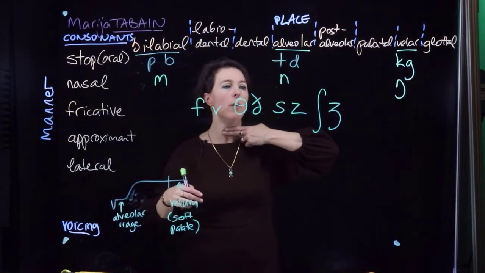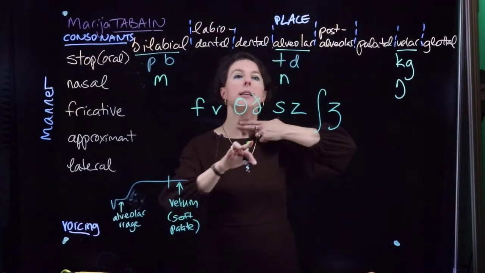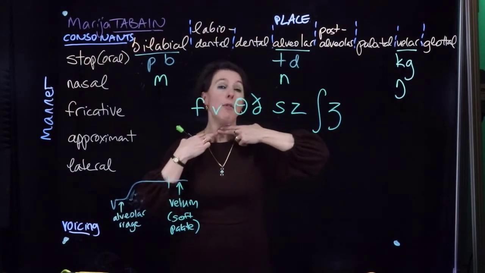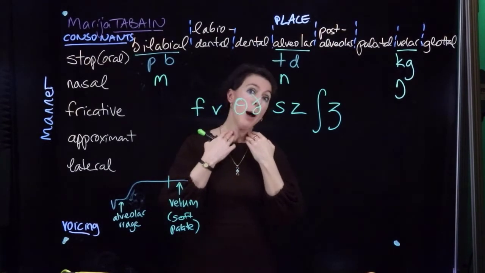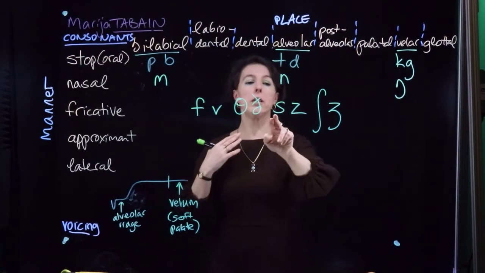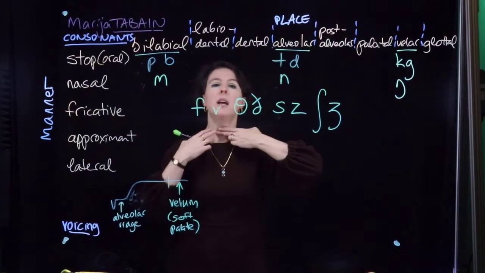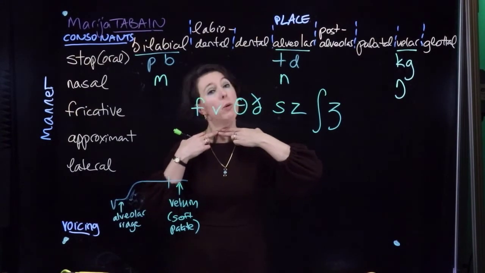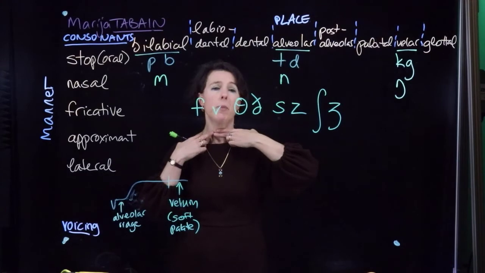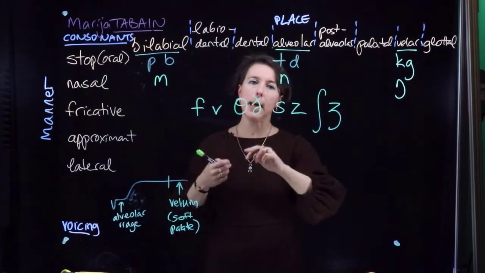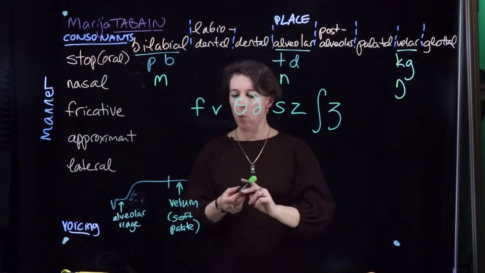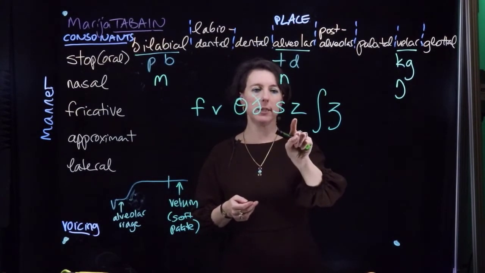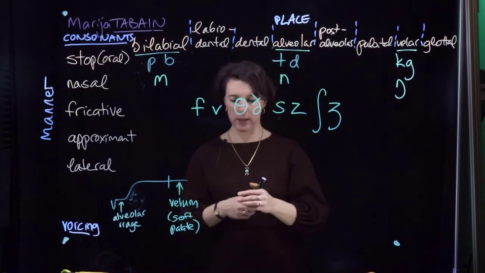So you should feel that for zzz, there's some movement here of the vocal folds. The vocal folds are in the larynx, and they're actually vibrating, all right? Whereas for s, nothing is happening down here. Pause the recording if you need to and do a test yourself. So what we say is that s is voiceless and z is voiced.